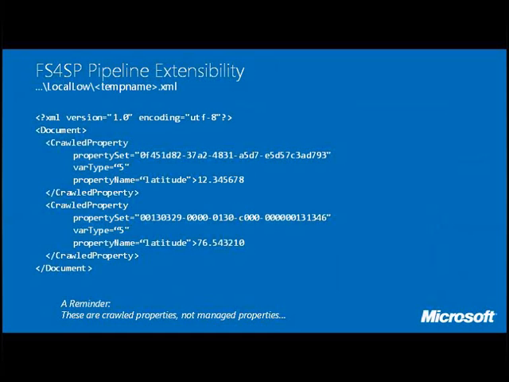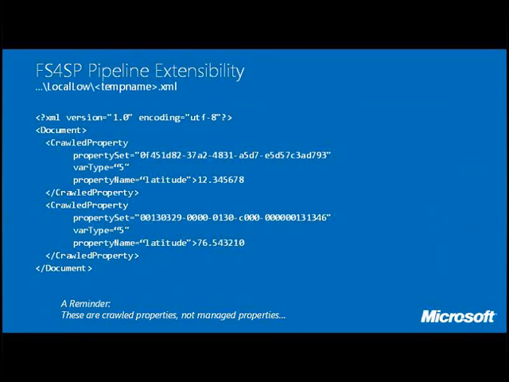You'll have a variable type, a var type, 5 in this case. I'm doing latitude again, so I want a floating point number, and the documentation for this is all up on TechNet. And then you have the property name. This is the crawled property name that is unique within this property set. And then the value is the text of the crawled property field.